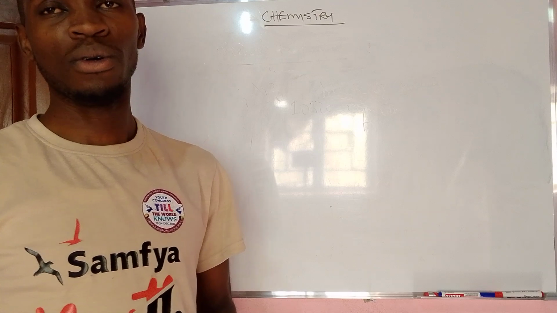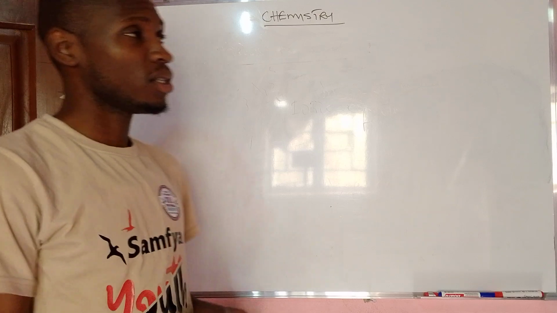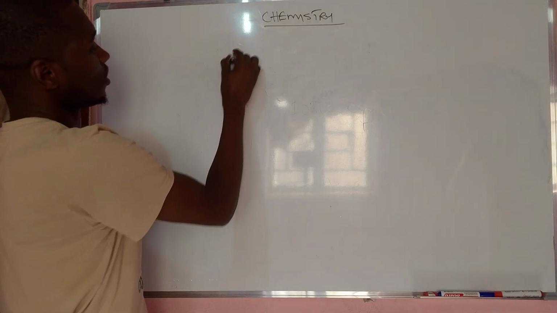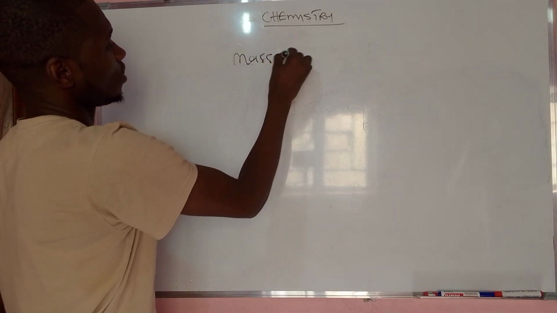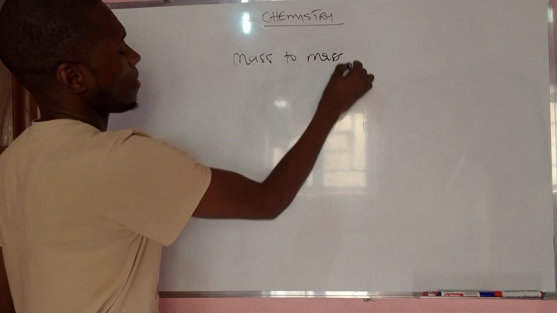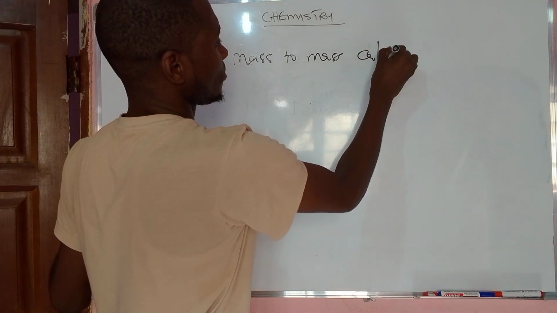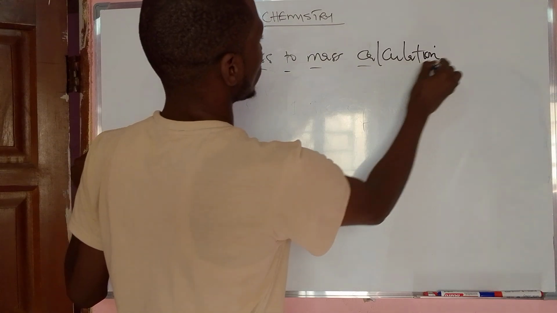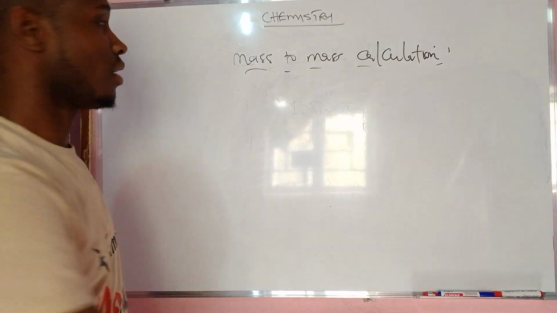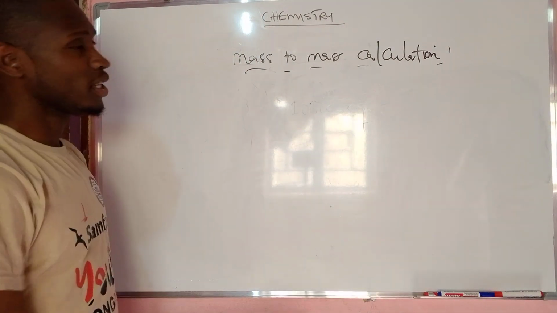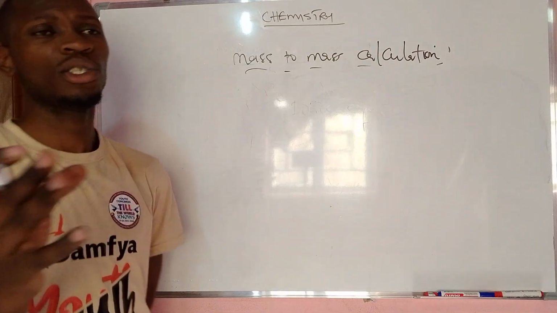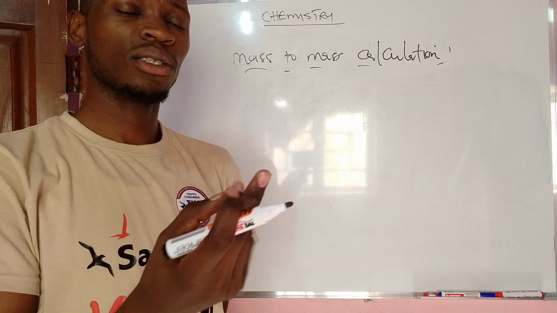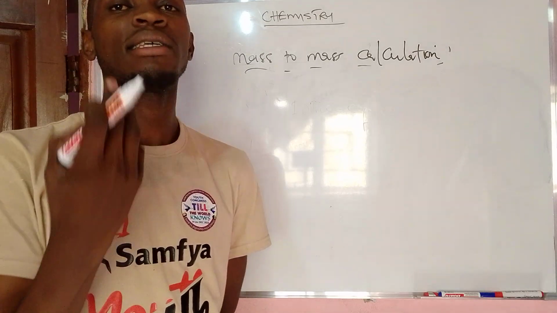Then we can go and look at concentration. So whenever we're talking about mass to mass calculation, we want to understand how much of the product is produced by reacting two reactants, where one reactant has a certain mass.